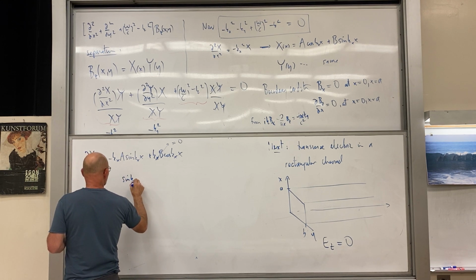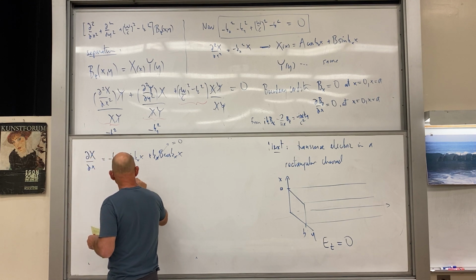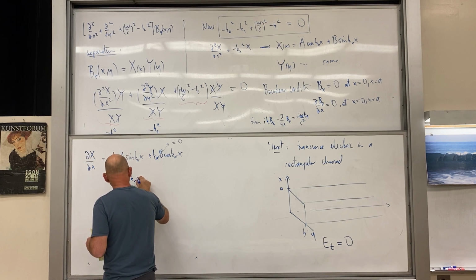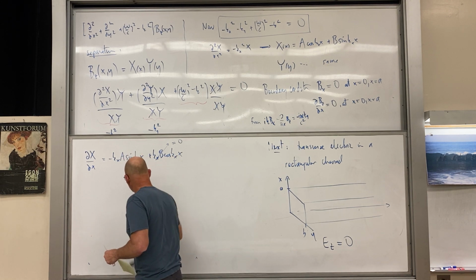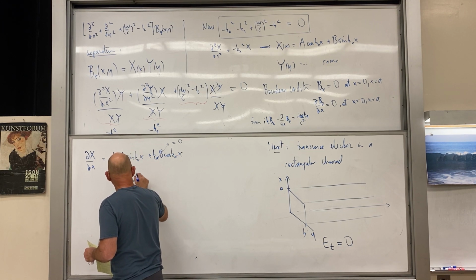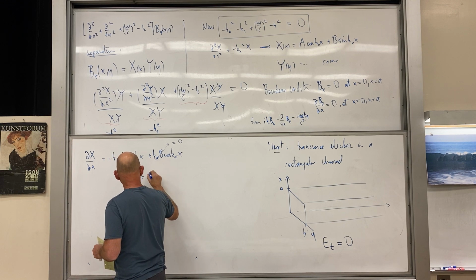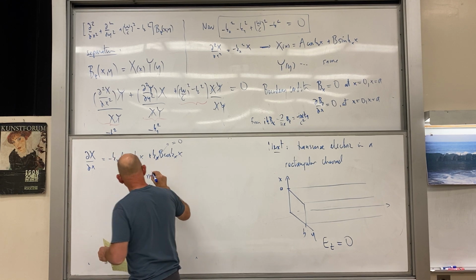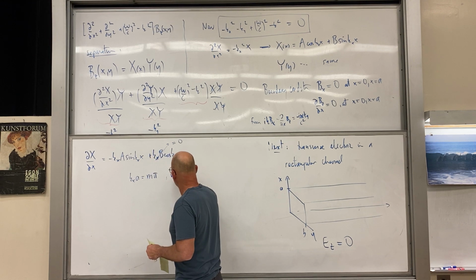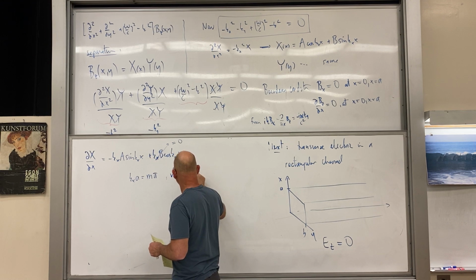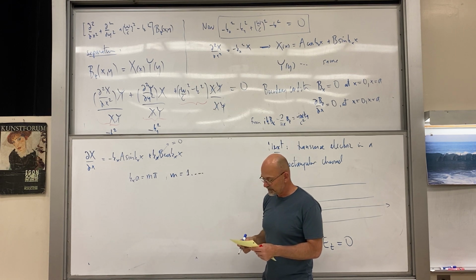Equal 0, and then we're left with sin kx a, or actually I can just say kx a is equal to m times pi. Okay. All the integers.